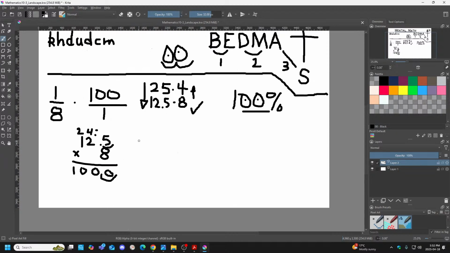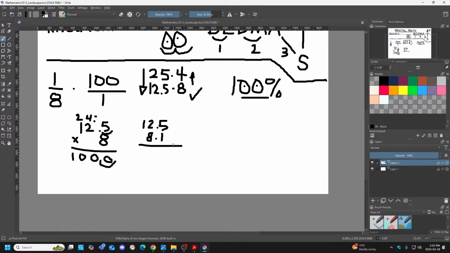So with multiplying decimals, I'm not going to show the work, but let's say I had 8.1, okay? Okay, I'm just going to do it on my calculator real quick. 12.5 times 8.1 gives me 101.25, okay?